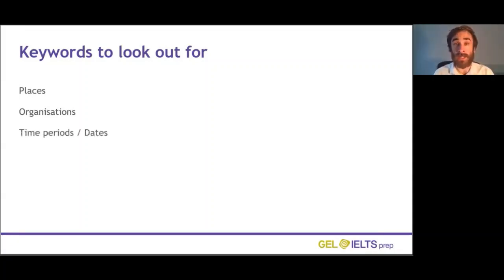Time periods and dates. These are often very important for locating information in the text which corresponds to the question. Animals, plants, words where there is no synonym. So, for example, horse, there is no synonym for horse. So these are surprisingly good things to identify.